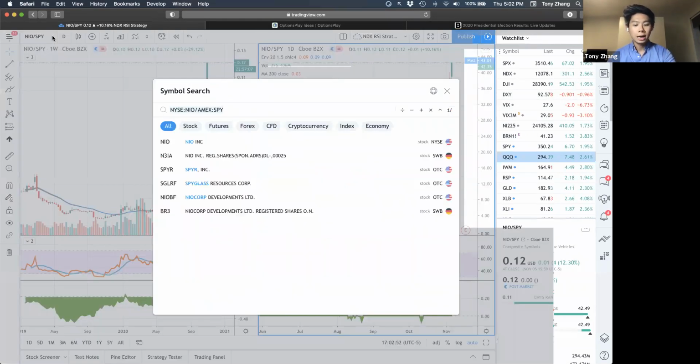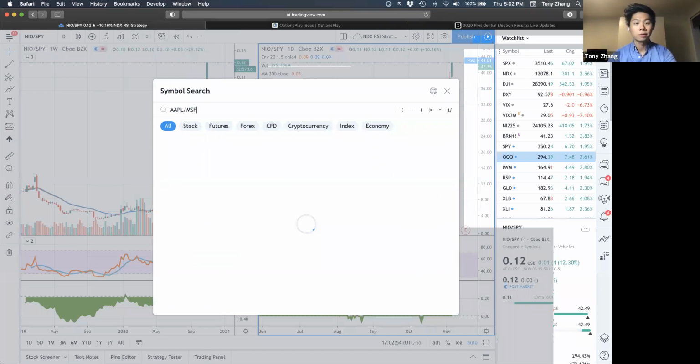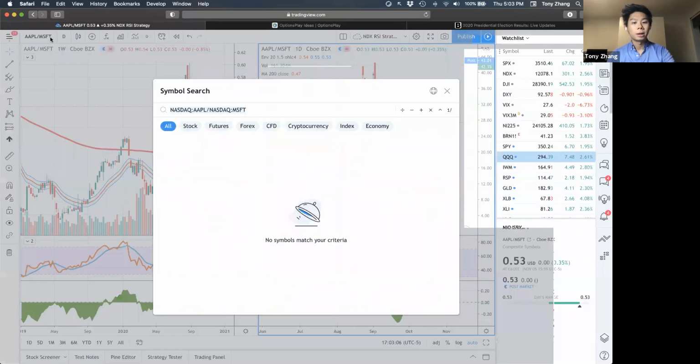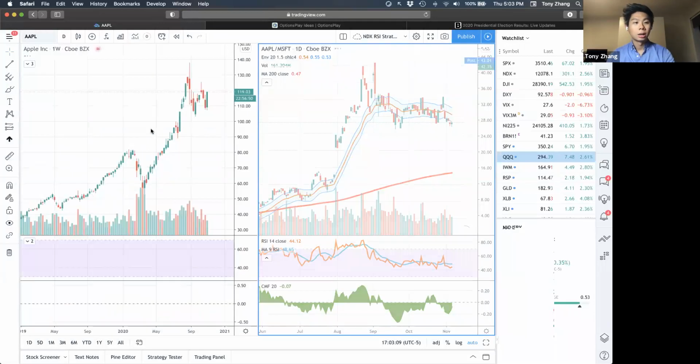If you want to see how Apple is doing compared to Microsoft, you just do Apple divided by Microsoft, and you can see whether Apple is outperforming or underperforming Microsoft. This is a very important tool for chartists who want to look at relative strength. So that's why I like to use TradingView.